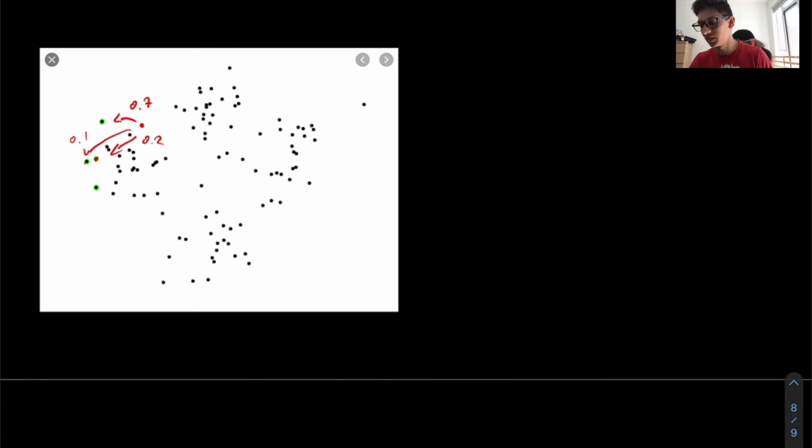So essentially, this is soft k-means. It gets its name from the softmax function, which we use to calculate these weights. How exactly that works is we take the distance of this point from this center, then from this center, then from this center, and then from this center.